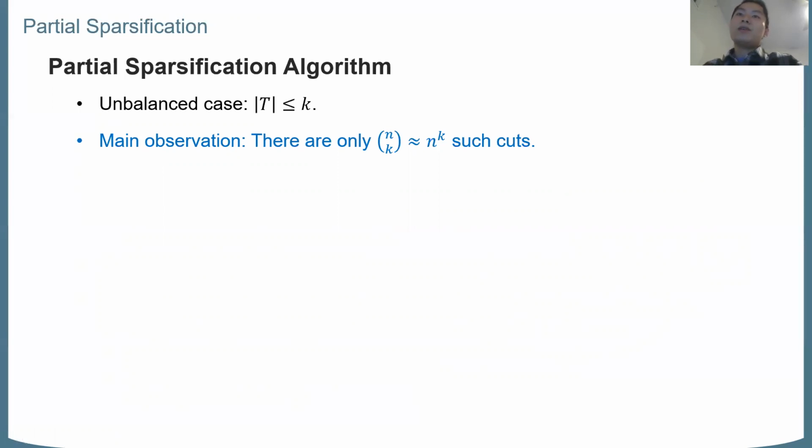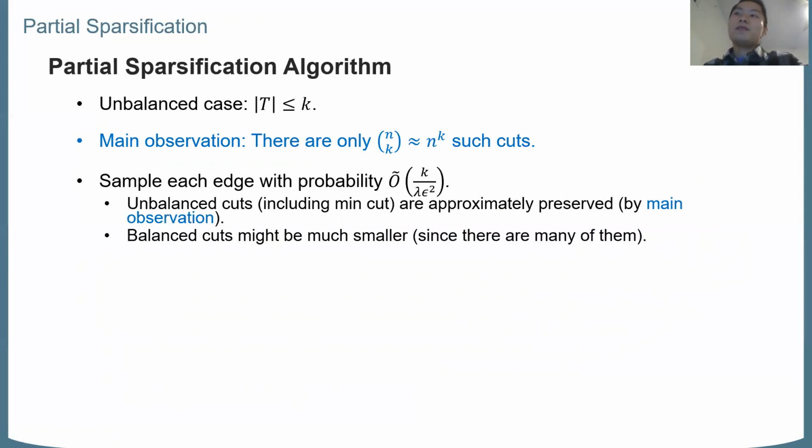So note that we assume the sink side has less than k vertices. So there are only n choose k such cuts. Okay, so this enables us to bound the total failure probability when we approximate them using Chernoff bounds. So we'll sample each edge with probability about k over lambda, where lambda is the min cut value.